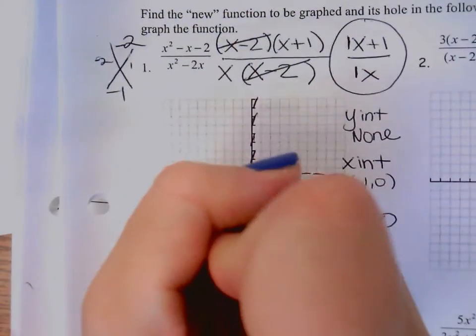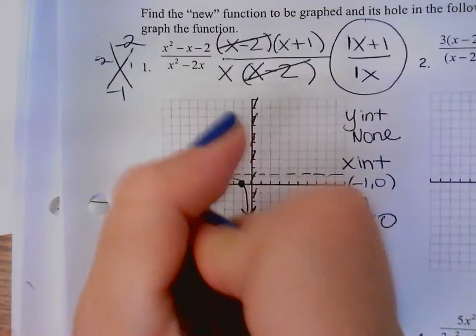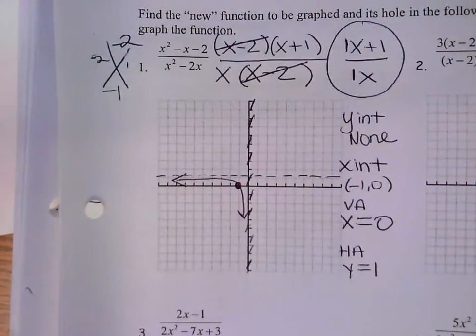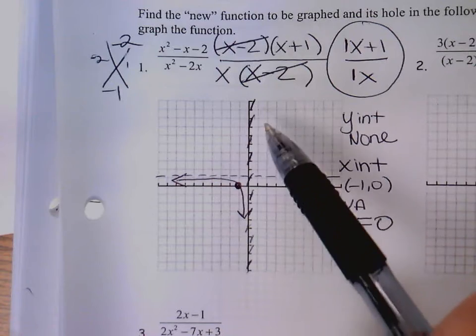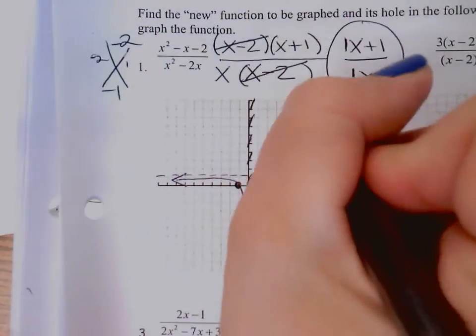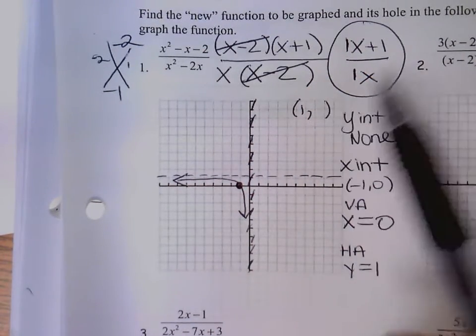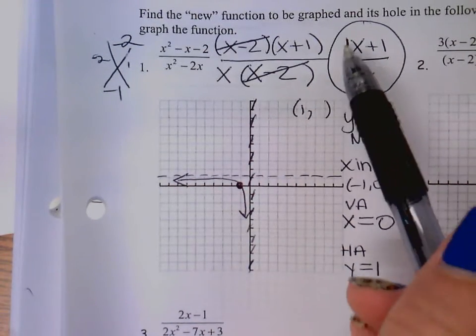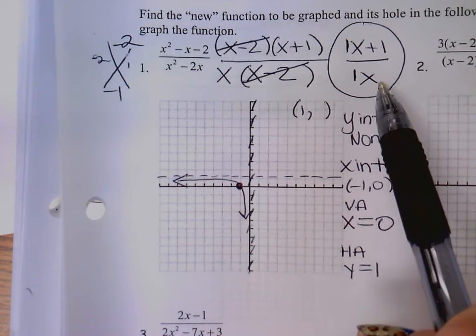So I know that one of the elbows goes like this, right? In that quadrant towards each of the asymptotes. I'm guessing that the other elbow is up here in the top right. I could plug in a value. Like if I plug in 1, what do I get? 1 comma 1 plus 1 is 2, divided by 1 is 2.